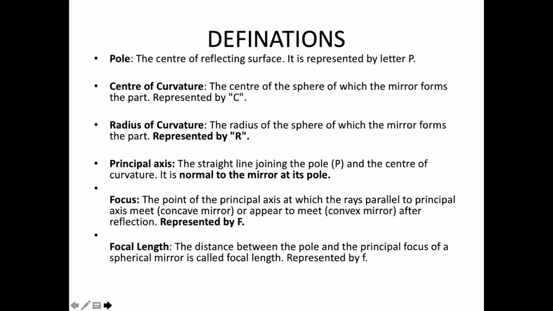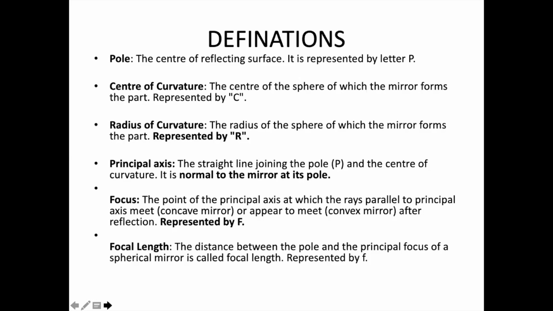The focus is a point on the principal axis at which all the rays parallel to the principal axis actually meet in a concave mirror or appear to meet in a convex mirror. I will be teaching you the difference between actually meeting and appearing to meet. Actually meeting means a real image.